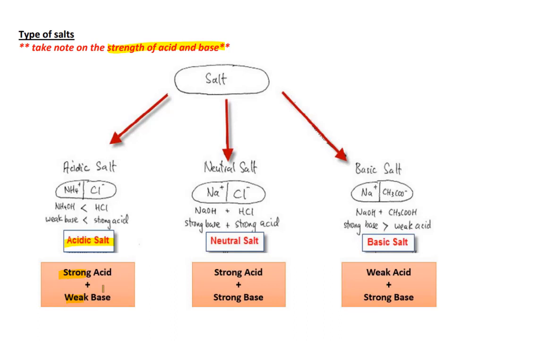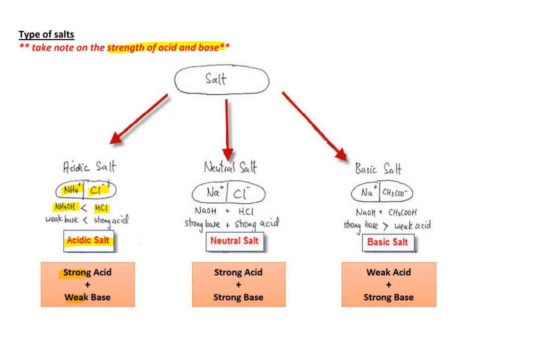Given in the examples here, you have a weak base, ammonium hydroxide, NH4OH. When you react it with the strong acid HCl, you produce this NH4Cl acidic salt.